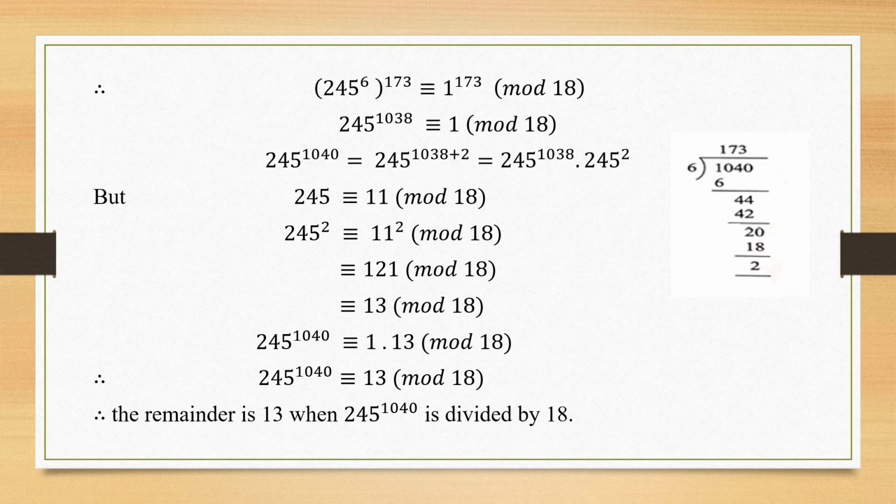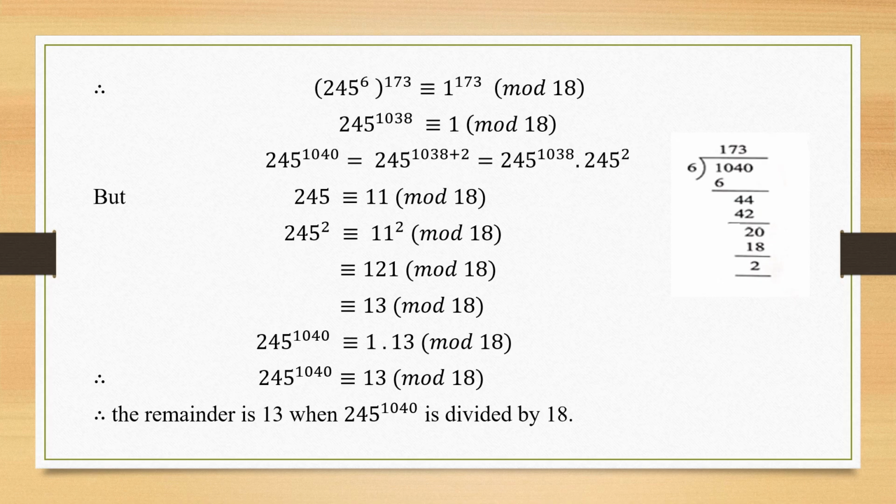So 245 raised to the power of 6, the whole power of 173. How did I get this 173? I just divided 1040 by 6. If I divide this by 6, I get the quotient. Always take the quotient. So 6 into 173 will result in 1038, which is very much closer to 1040.